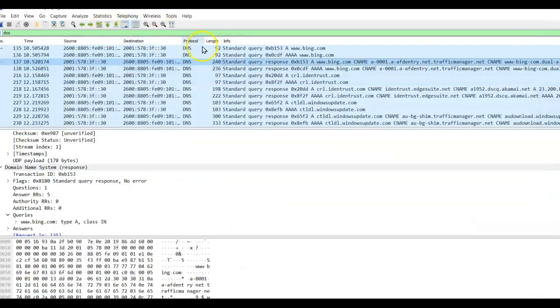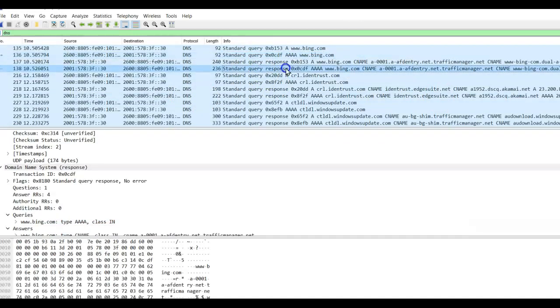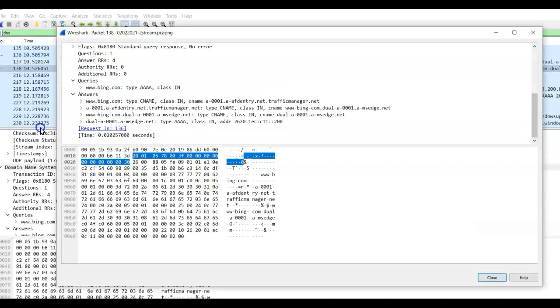Now let's look at the second, frame 136. 136 is also asking for Bing, but it asks for type AAAA, not type A. So what's the difference? Let's look at the response.